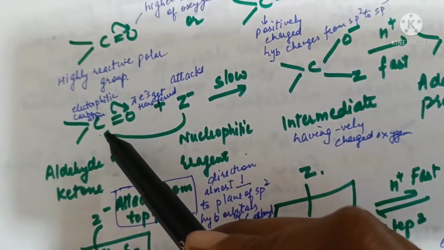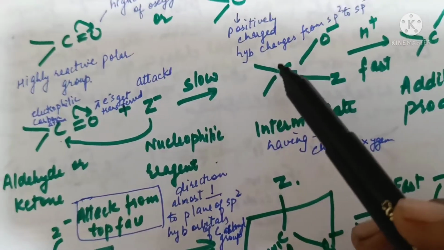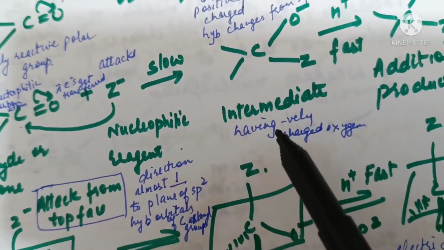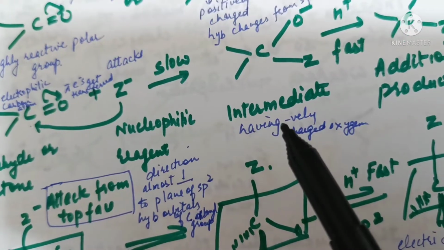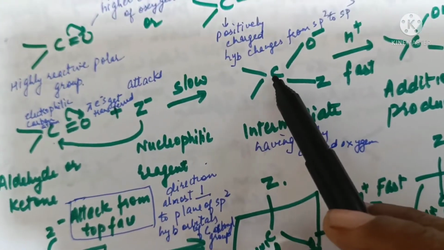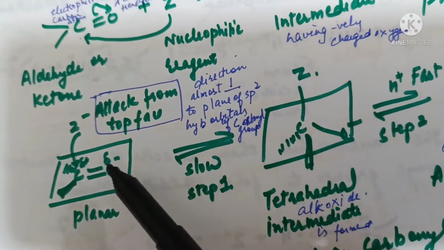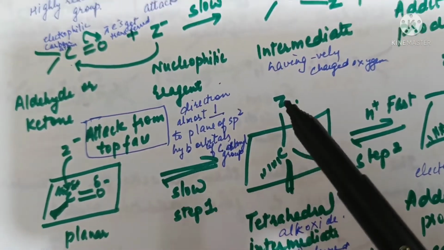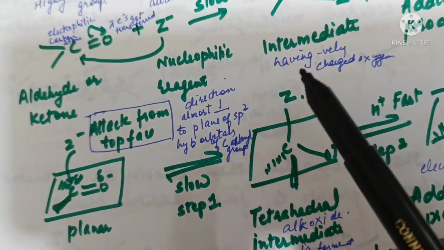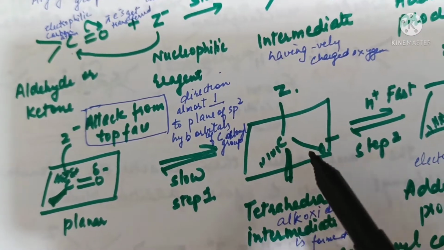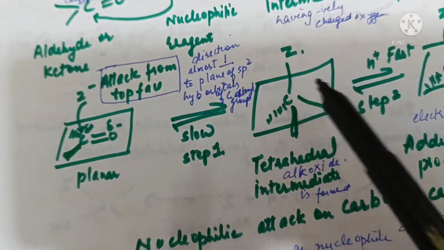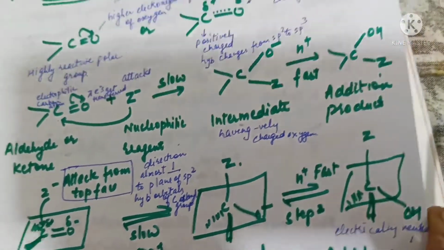Here the carbon was sp2 hybridized, but when it forms 4 bonds, it is an intermediate of tetrahedral shape, and sp3 hybridized. The shape changes from planar to tetrahedral, with the nucleophile on the top and 3 groups present at an angle of 109 degrees 28 minutes.